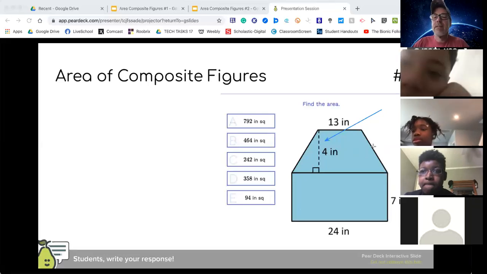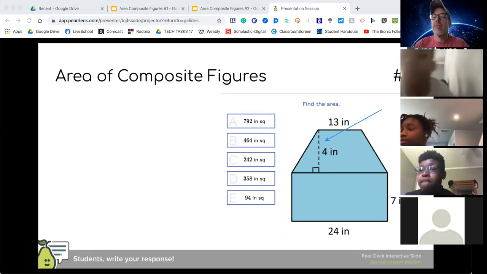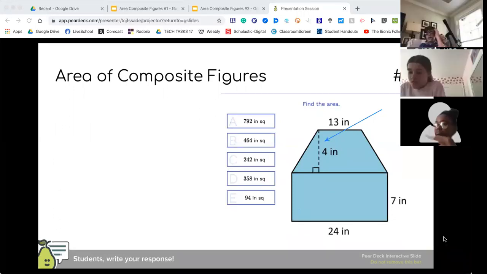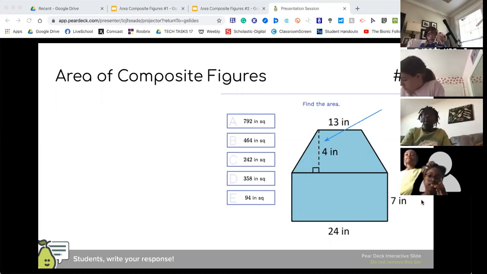And then you add, which that is 74. 74 plus 128. 128 is the area of the rectangle. And then add those two together to get 242 square inches, right? Okay, everybody good on that one?